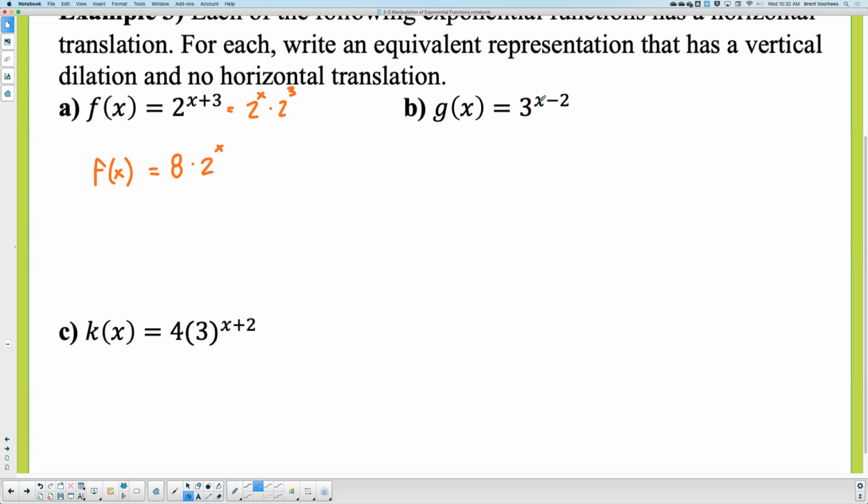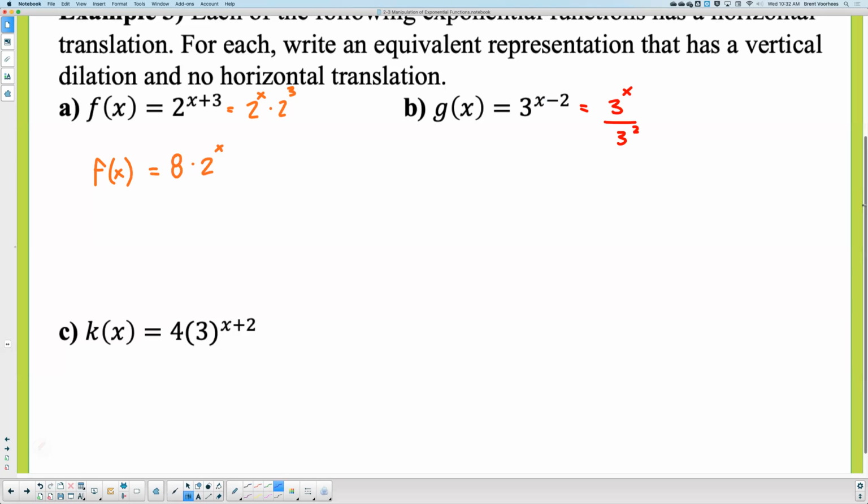You have a base raised to a power, and then inside that power, it's subtracting. What do you do when you have a power subtracting? Quotient property. What does quotient property say? 3 to the power of x is now 3 to the power of x over 3 squared.